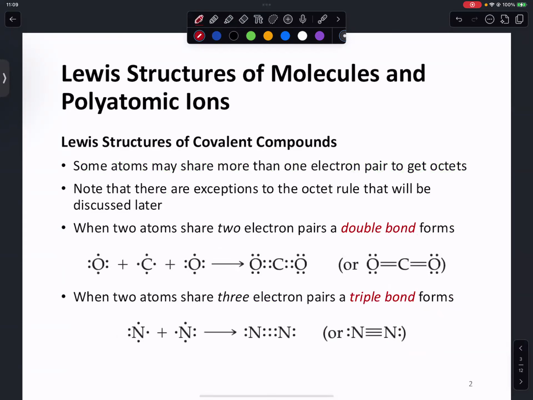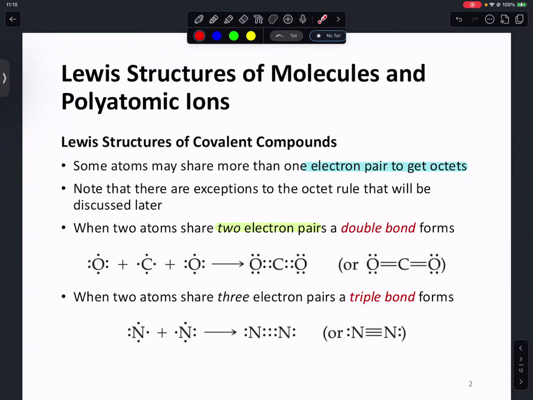Now, in addition to bonding pairs being a single bond, some atoms, to complete their octet, need to share more than one electron pair. Note that we're not going to discuss the exceptions to the octet rule here. We're going to discuss them in a different video. But just to show you a few examples, if two atoms share two electron pairs, these usually are represented by double bonds.